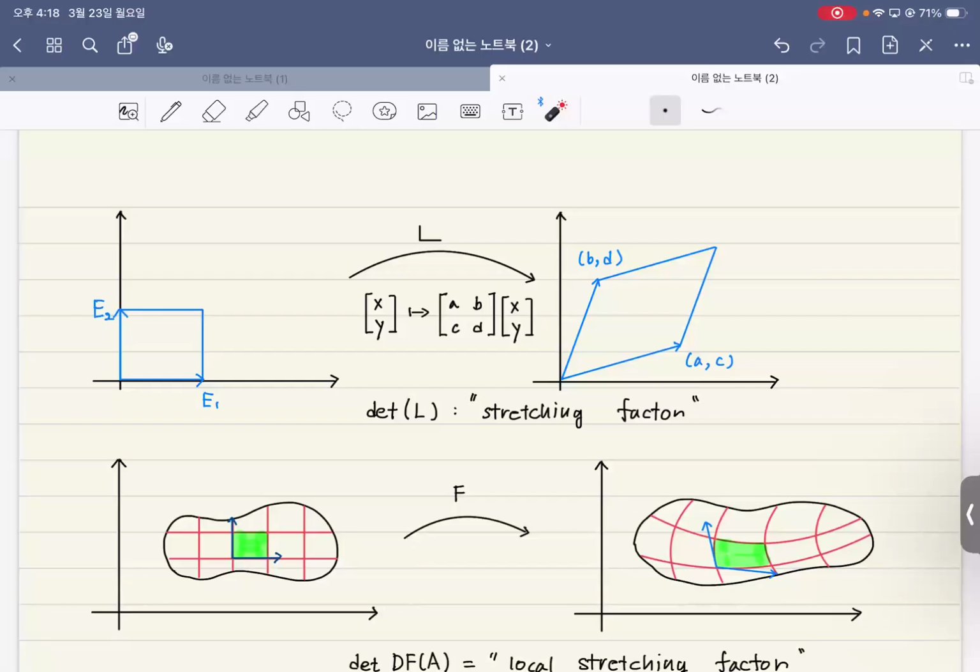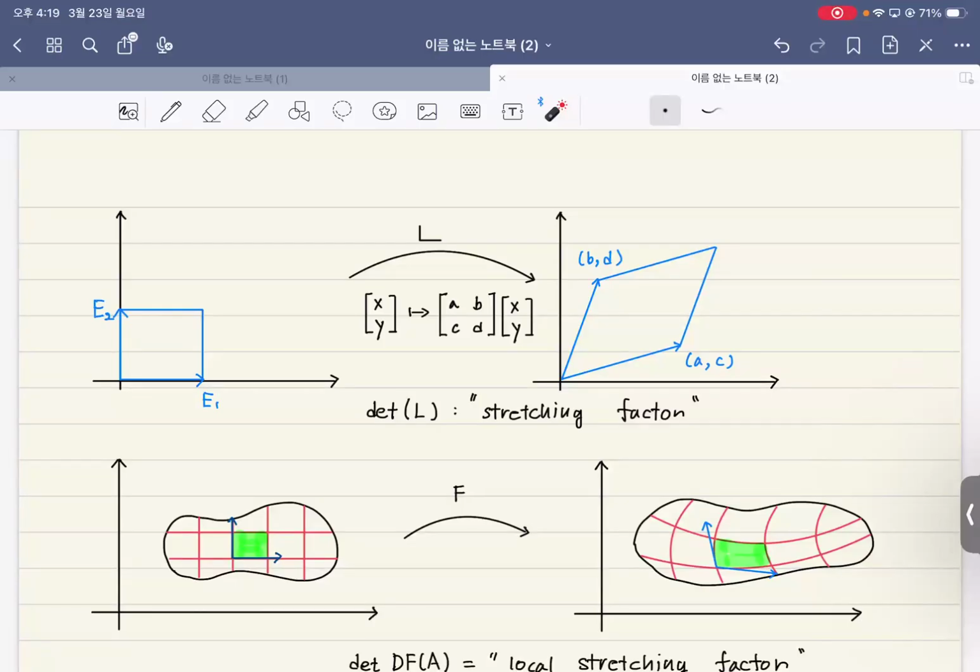So what does it mean? I say the determinant of this linear function is a stretching factor. Suppose that you have some geometric object that has unit area in your domain, and it is now being mapped to this geometric object. The determinant of L gives us the ratio between the unit area object and its image.